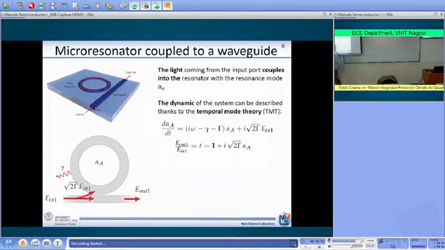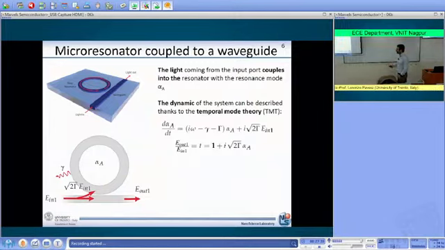Therefore, if I'm describing how the mode inside the microring resonator is evolving with time, this gamma factor should be considered as a loss because you are decreasing the power inside the microring resonator and transferring this power to the bus waveguide. So here you have the frequency with which the mode is oscillating inside the microring resonator, the losses caused by the radiation out of the microring resonator of the optical mode, and the losses caused by the outcoupling of the optical field into the bus waveguide.